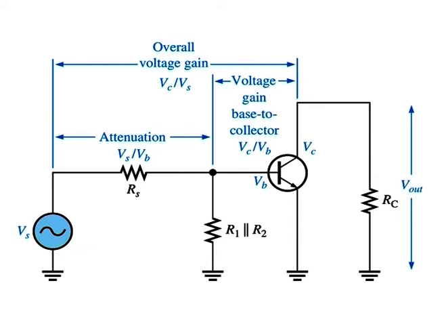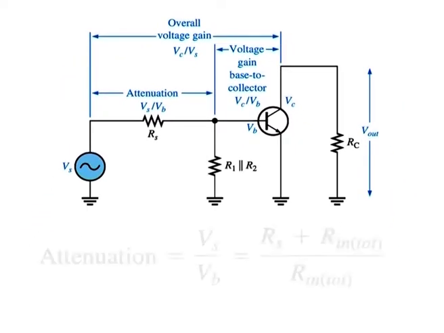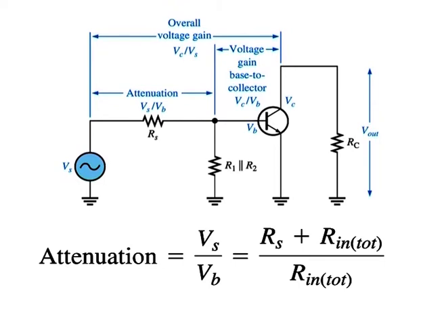Assume that the amplifier in the figure has a voltage gain from base to collector of Av and the attenuation from the source to the base is Vs over Vb. This attenuation is produced by the source resistance and the total input resistance of the amplifier acting as a voltage divider and can be expressed as attenuation is equal to Vs over Vb and is equal to Rs plus Rin(tot) over Rin(tot).